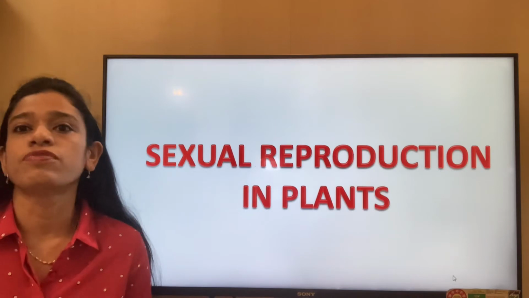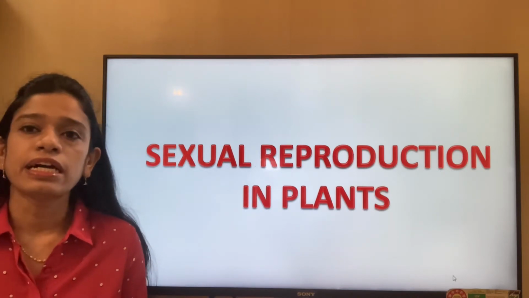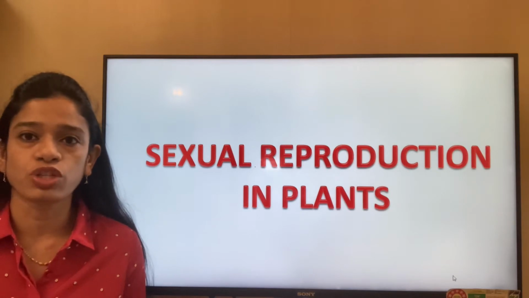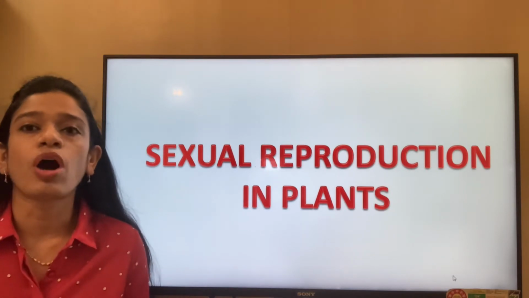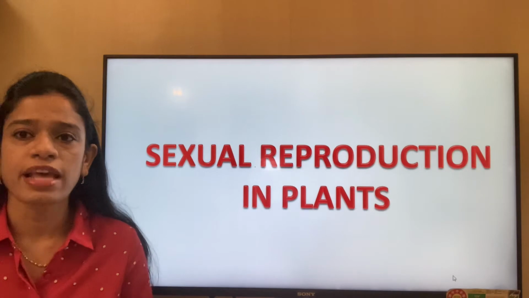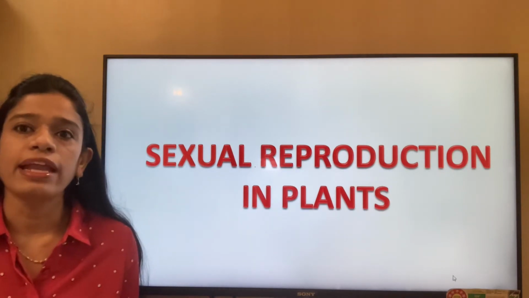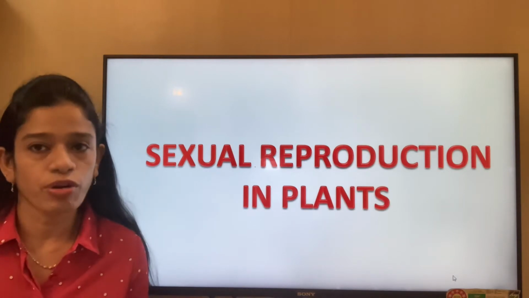The process of sexual reproduction takes a long time to complete. It depends on many chances and many factors, and it always happens in higher organisms.